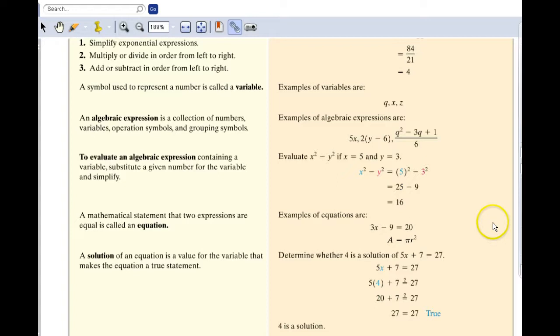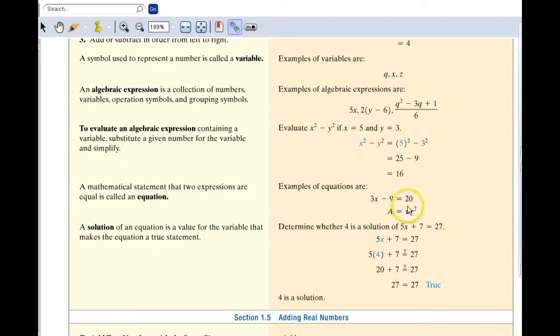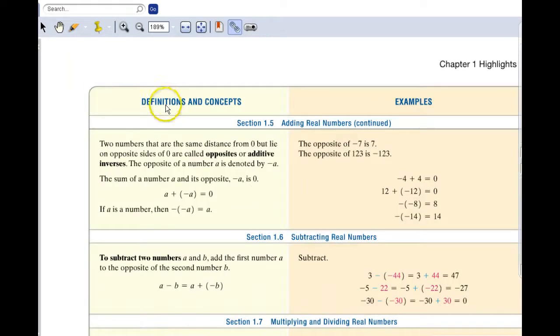And we'll go over that a little bit in Chapter 2. And when we substitute or whatever we're doing, the result is our solution.